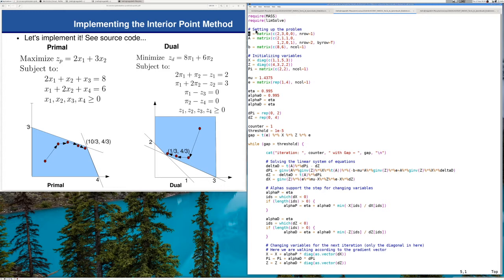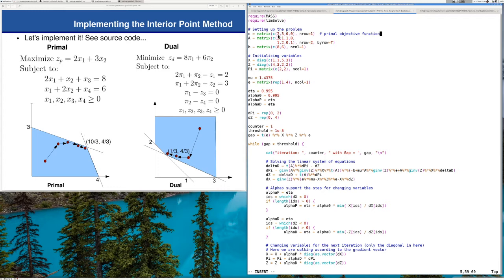As you guys can see, this vector C has the values, the coefficients for the objective function. Let's note here the primal objective function. Take a look at the primal objective function. 2x1, 3x2, 0x3, and 0x4.